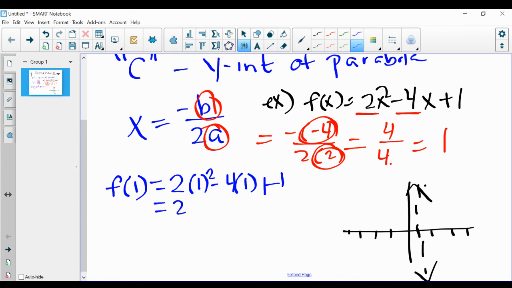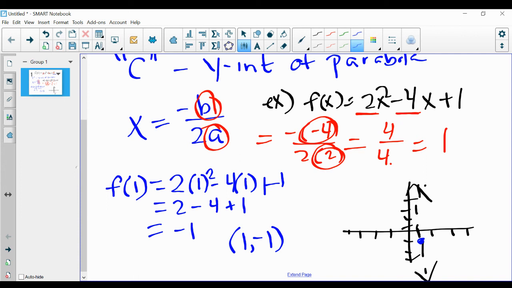So that's 2 times 1, which is 2, minus 4 plus 1. 2 minus 4 is negative 2, plus 1 is a negative 1. Okay, that tells me that if I go in the x direction 1, then I must go negative 1 in the y direction to get my vertex.